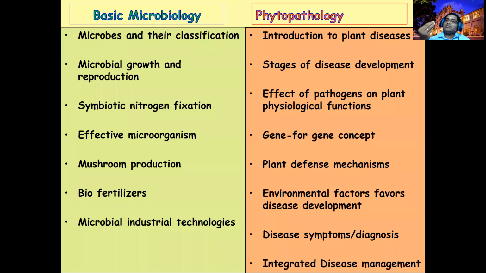If you are collecting symptoms, definitely you will not always expect a pathogen. But if you keep them under certain environmental conditions, you can observe the signs. That is what you call diagnosis.